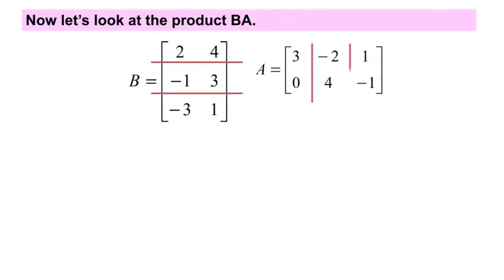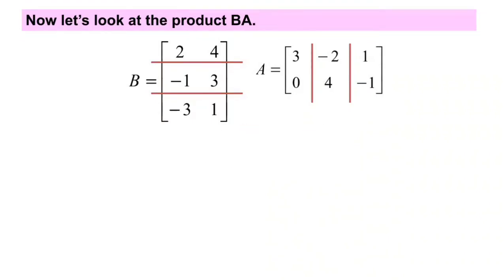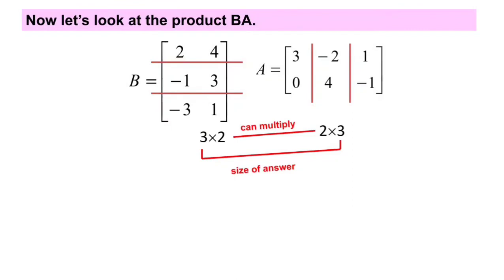Now matrix B is 2, 3, another example, 2, 4, -1, 3, -3, 1 and 3, -2, 1, 0, 4, -1. What is the order of B here? Order of B is 3 by 2 and order of A is 2 by 3.